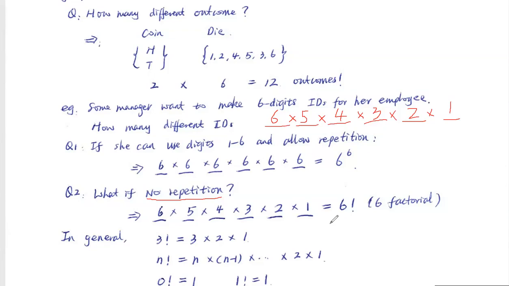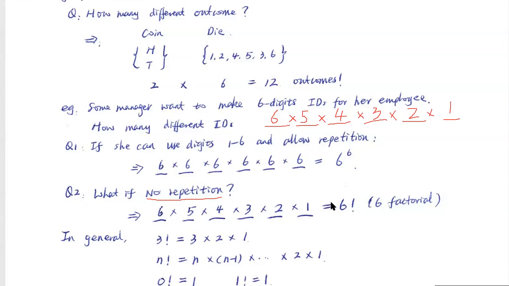Okay, for this notation here, we want to introduce some special notation. When we continue to multiply 1, 2, 3, 4, 5, 6 at the end, we want to introduce a short notation for that.